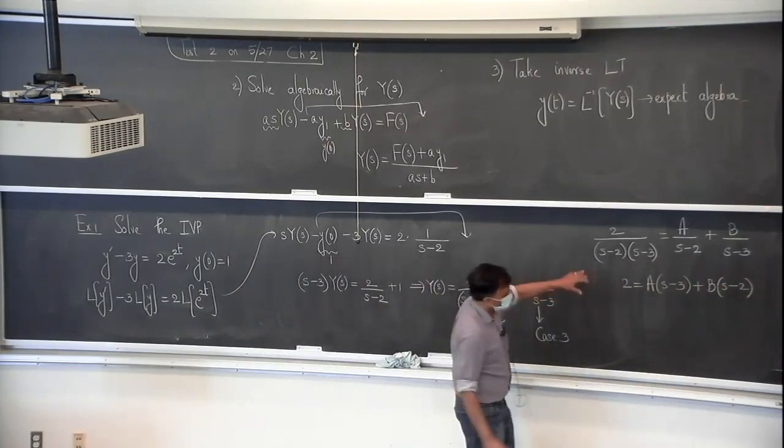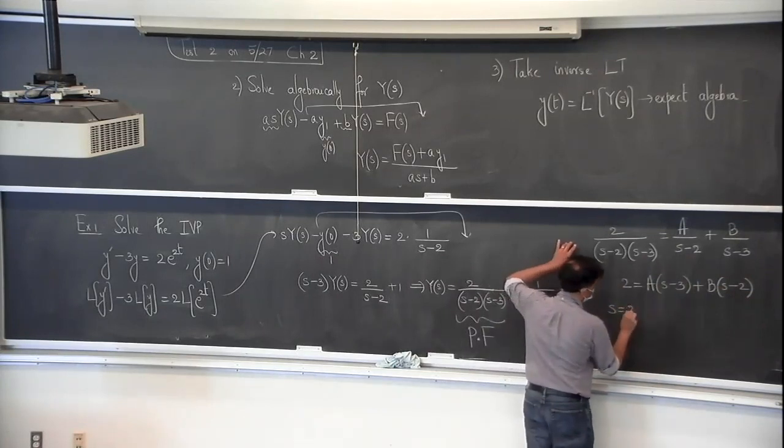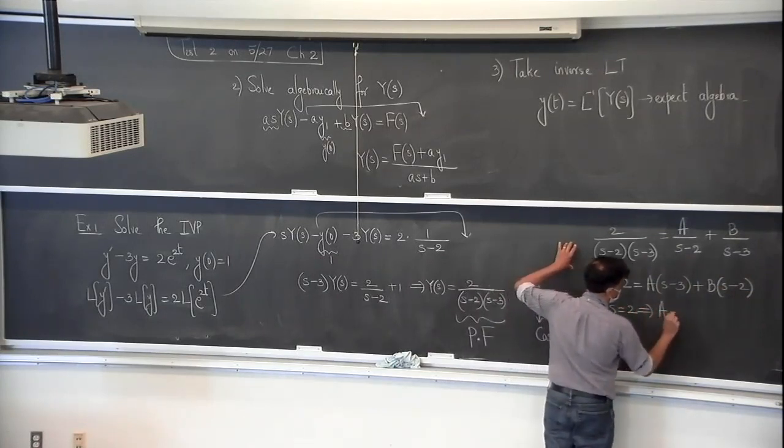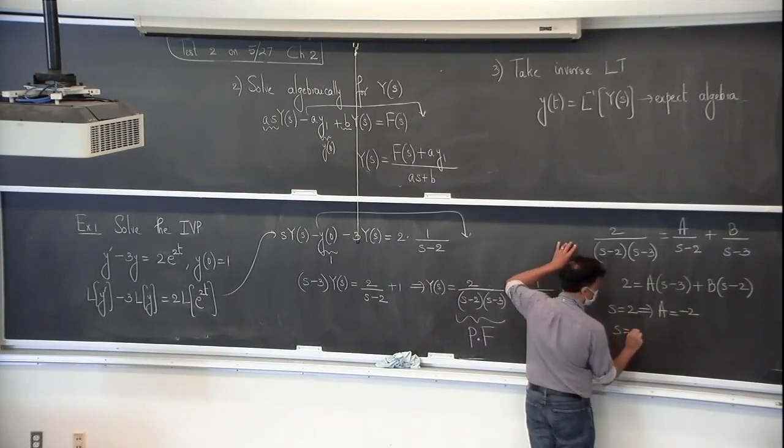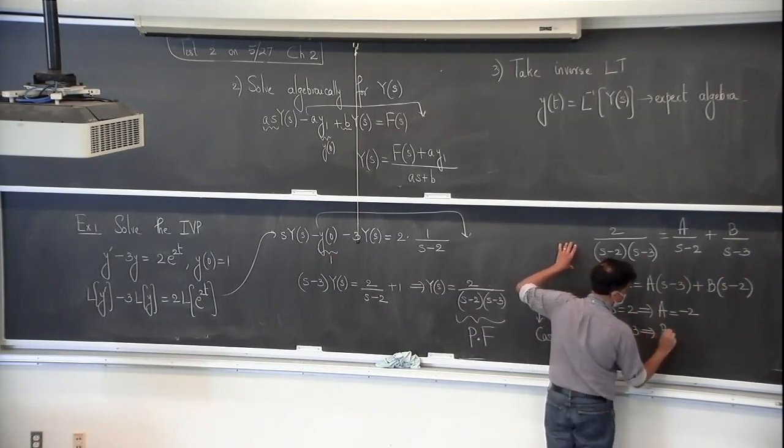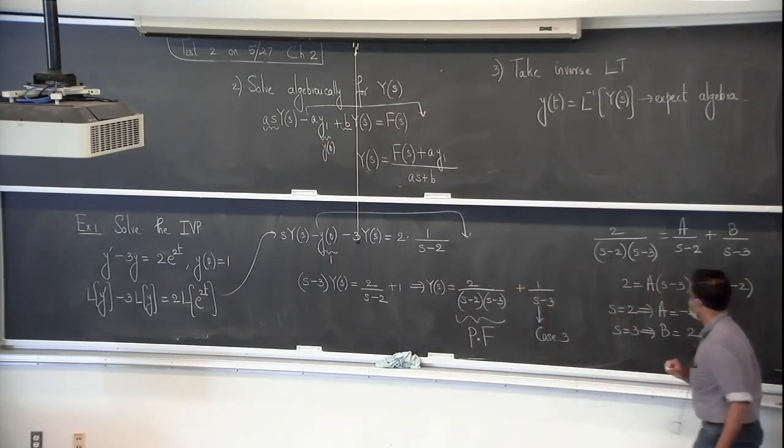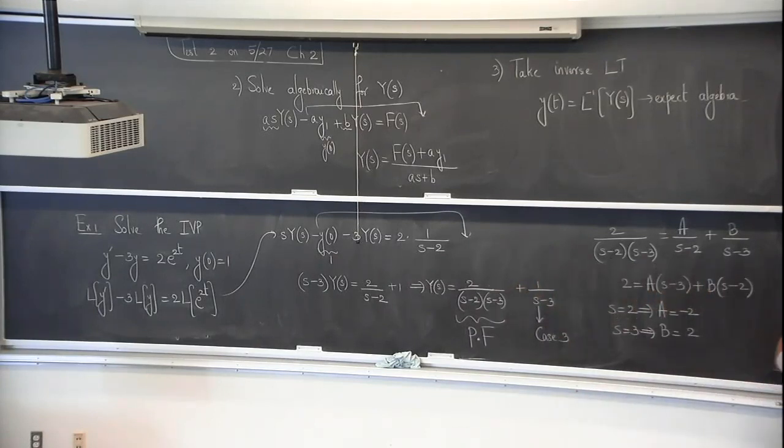So if you plug in s equal to 2, you get A equal to negative 2, and s equal to 3, B equal to 2. So you could either do it on the side or you could just do it along with the problem. But you need this.